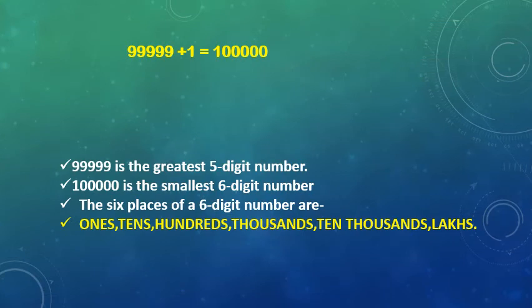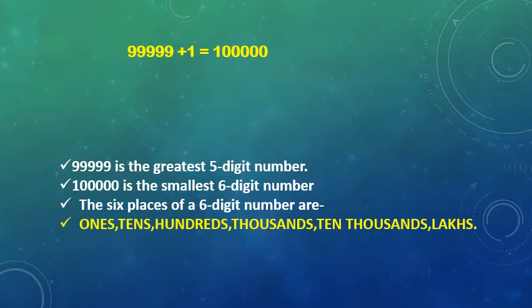Now tell me which number is the greatest 5-digit number. How will you read the greatest 5-digit number? 99,999. Now tell me which number we will get when we add 1 to this number. Yes, 5 zeros after 1.